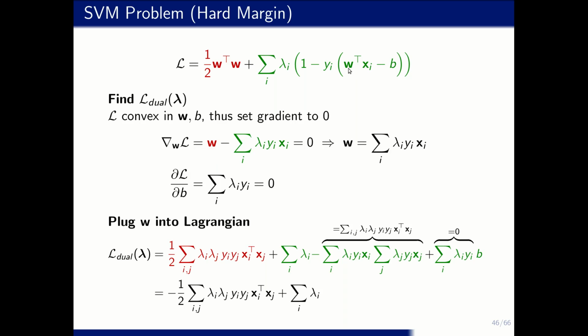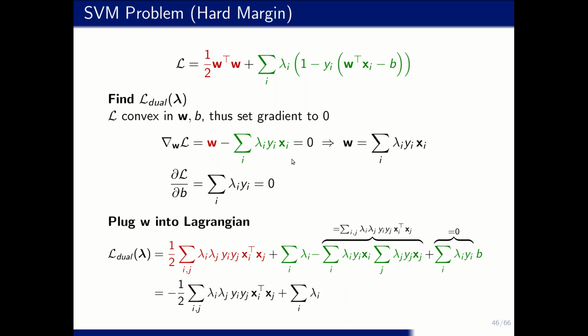And here, W is a linear form with xi, so W goes away and only xi remains, and the 1 and B go away because they don't depend on W. We are left with the sum over lambda, y, and x, and this goes over the training samples.